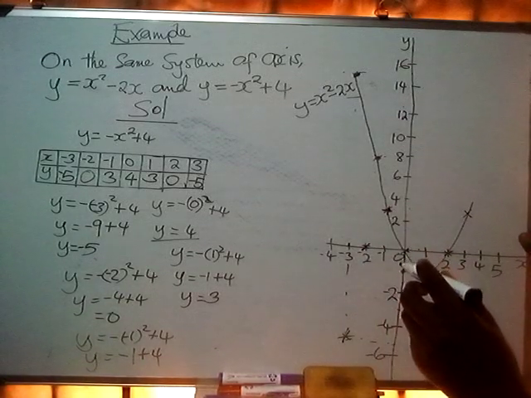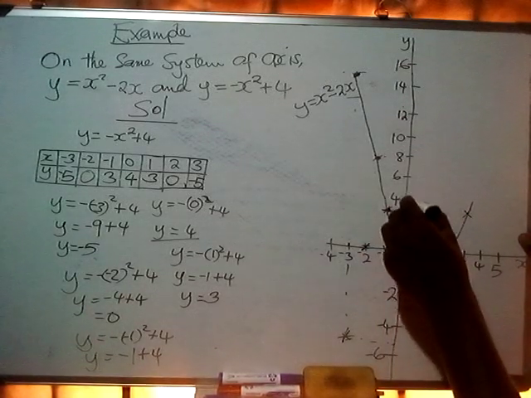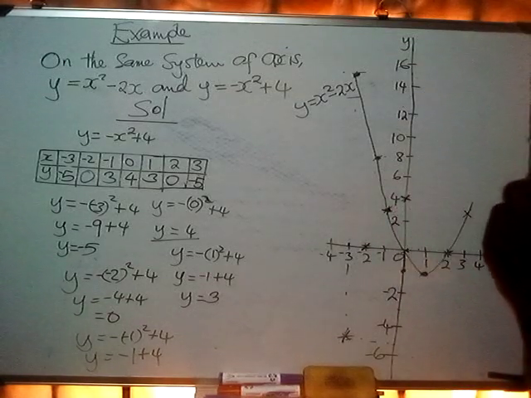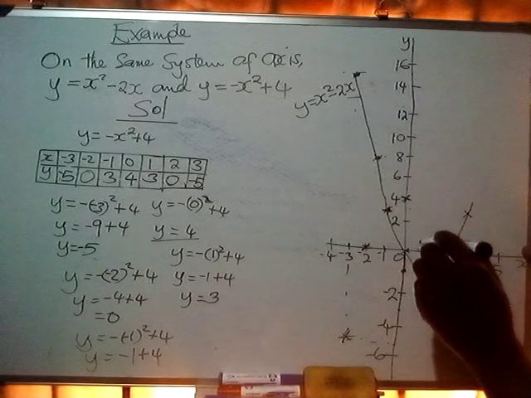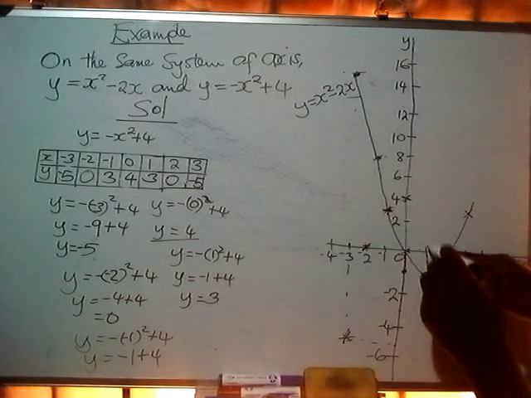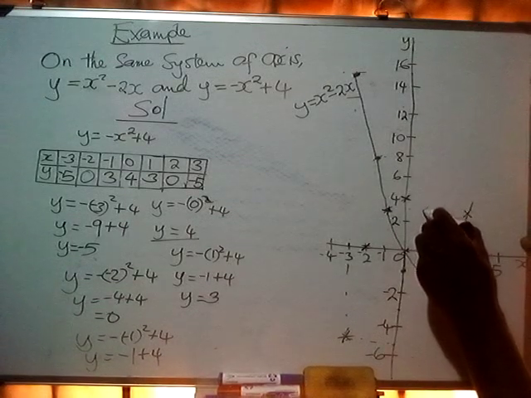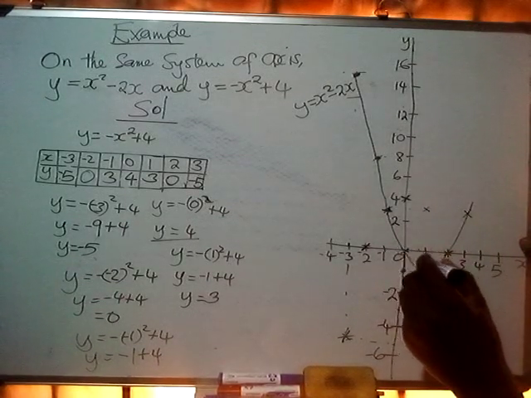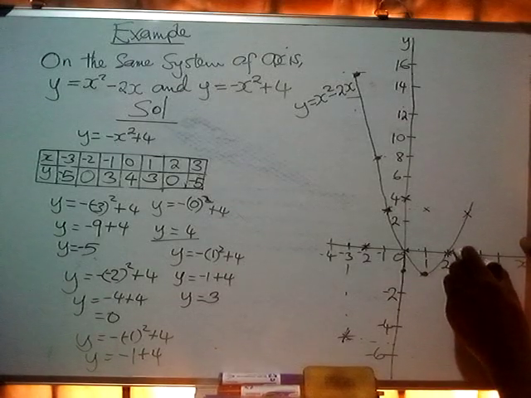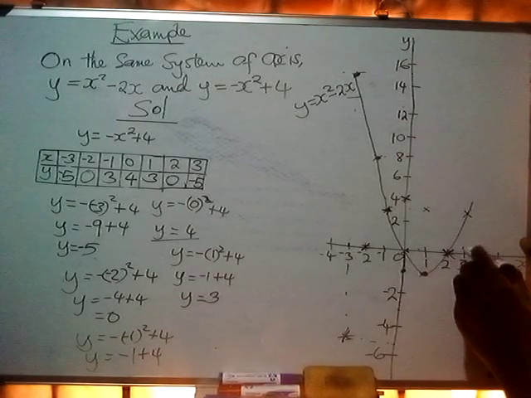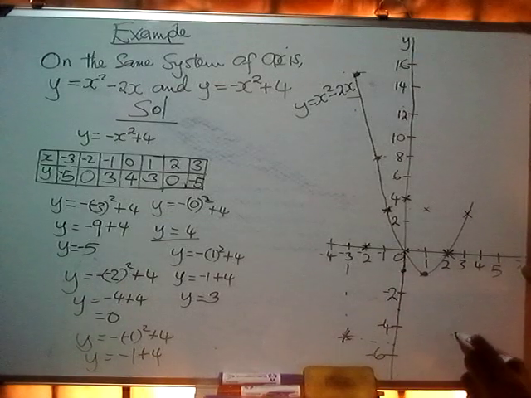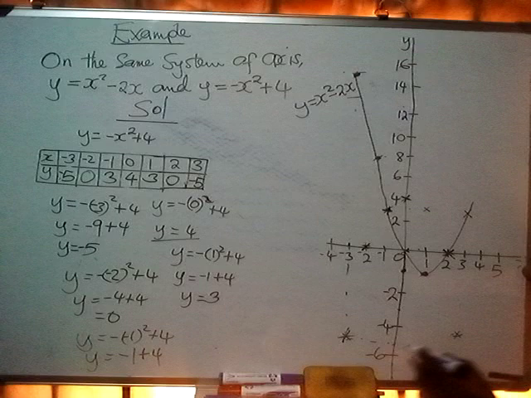Then the other one is 0, 4. It will pass through 4 there. Then the other one is 1, 3. Where is 1, 3? 1 is here, 3 somewhere there. Then the other one is 2, 0. It has come back there. Then finally 3, -5, somewhere here.